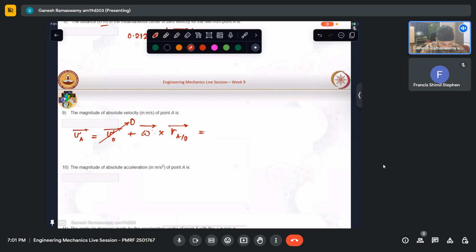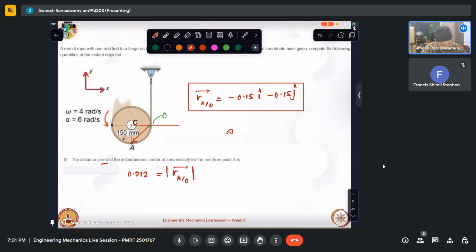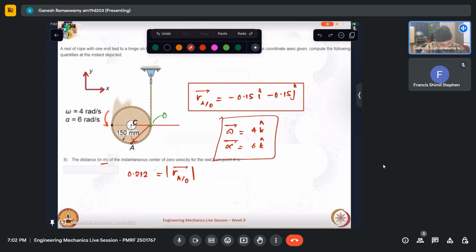What is omega? I know from the question omega vector is 4 k cap, because i cross j is k, it is rotating in that direction only. It is pointing out of the plane. Similarly, alpha is 6 k cap with consistent units in radians per second and radians per second squared.